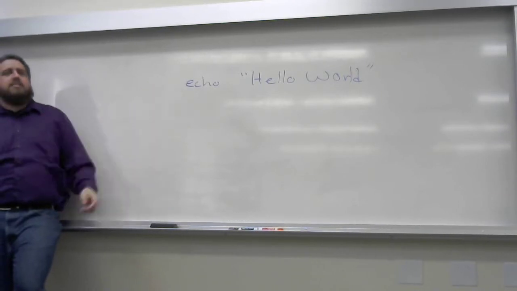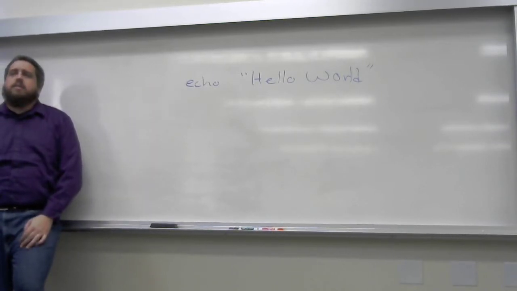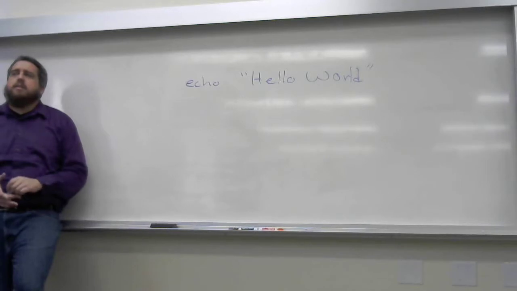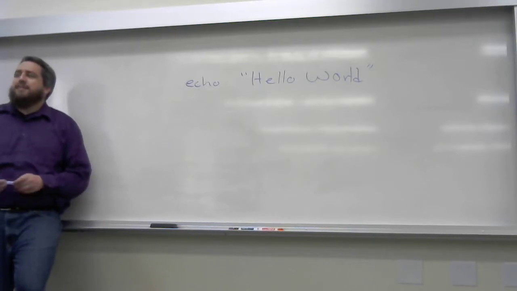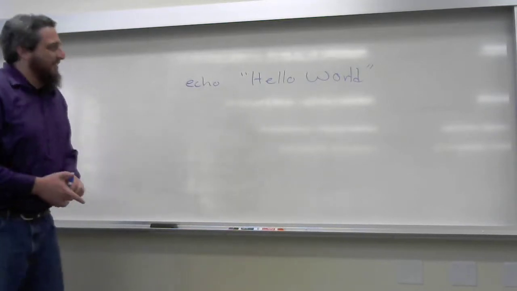How does this line get executed? It runs the program echo from its... But how does it know that? I don't know how it knows that.